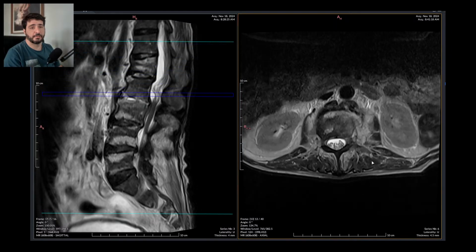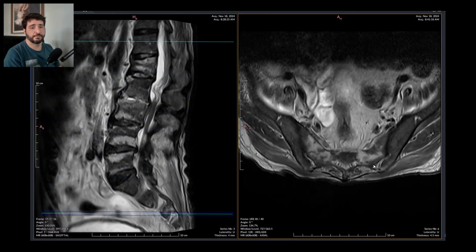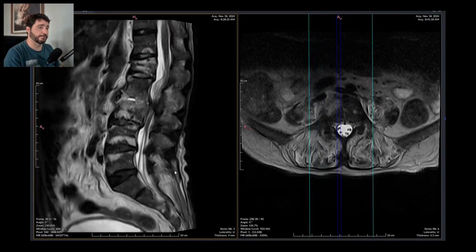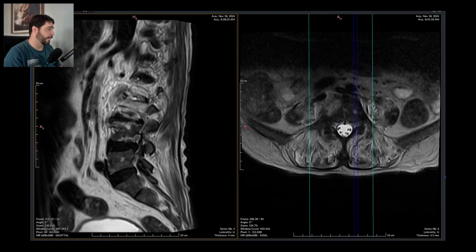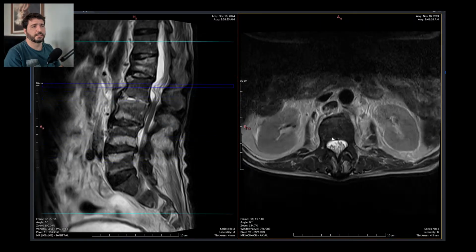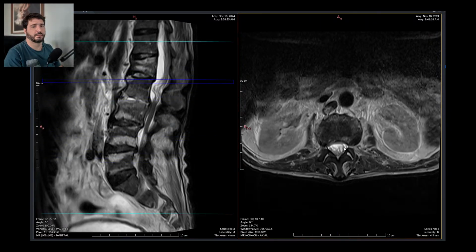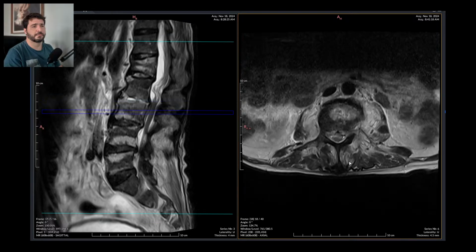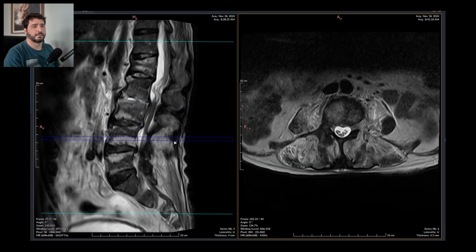This can be quite painful by itself, so we have to report that also. It goes from L1 right there, see, to right here, L4.